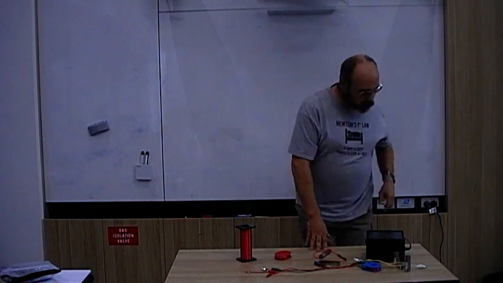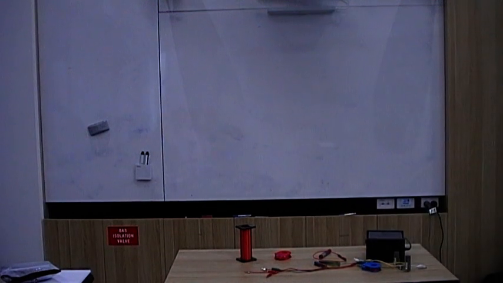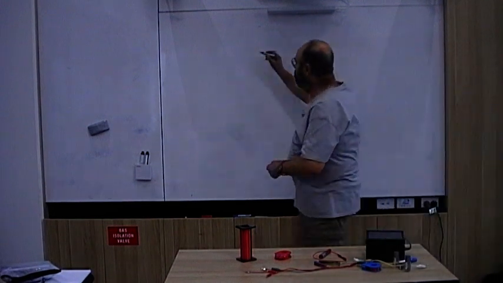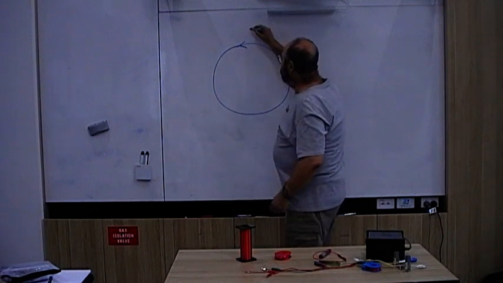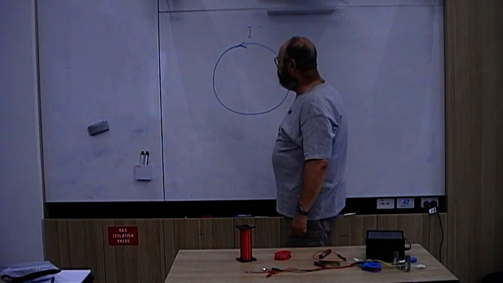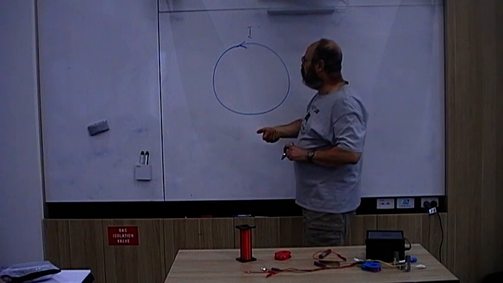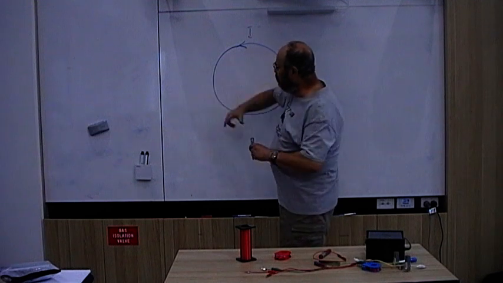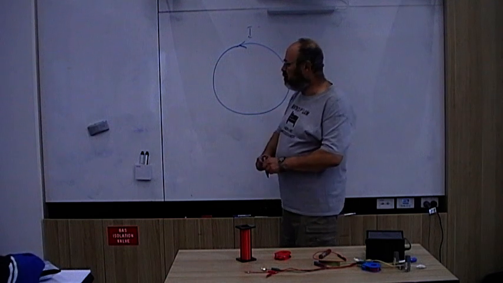I will draw how it looks on the board. So we have a current going this way. And so the magnetic field will be, if I grip with the right hand rule, let's say grip here, on the left hand side, what will be the direction of the magnetic field?